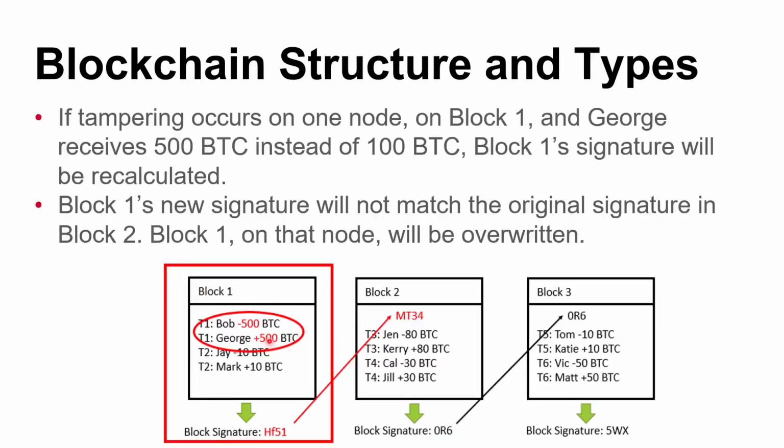If somebody went in and changed it so George would receive 500 Bitcoin, that would change the hash. The hashes would no longer match, and then this block would be dropped, and a ledger from another node would be brought in to overwrite this current ledger, or this current block.